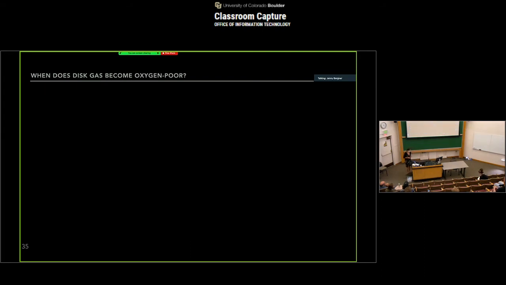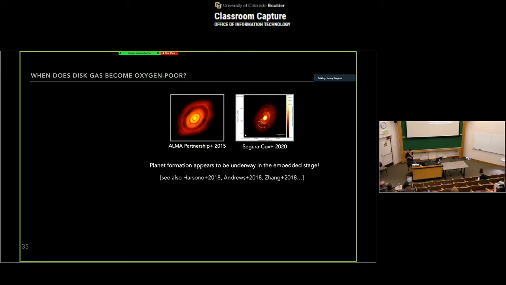All right, so this begs the question: when does this unique oxygen-poor chemistry actually begin within these disks? This is especially important in light of growing evidence that planet formation is already underway in the embedded stage.